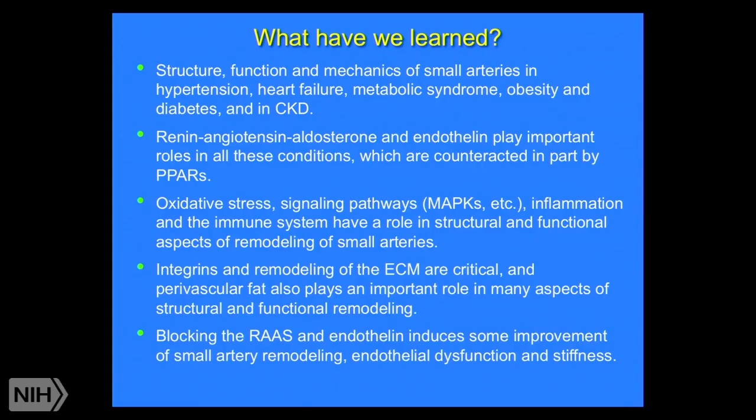Structure and function and mechanics of small vessels in a number of cardiovascular conditions, the role of renin-angiotensin, aldosterone, and endothelin, and PPARs, oxidative stress and signaling pathways, the role of the remodeling of the extracellular matrix, and the benefits of blocking the RAS and endothelin.